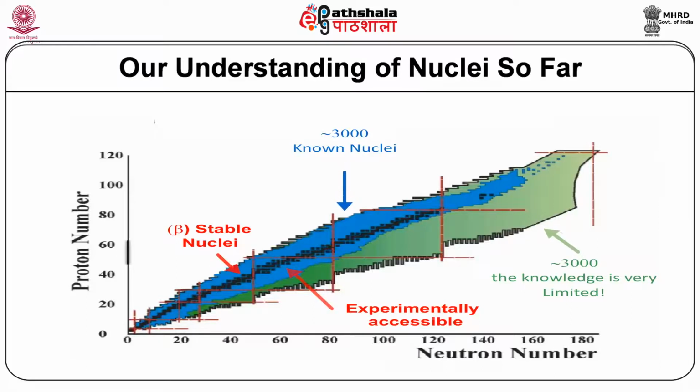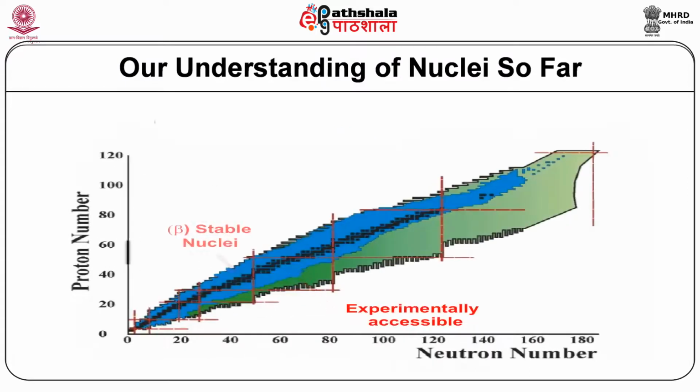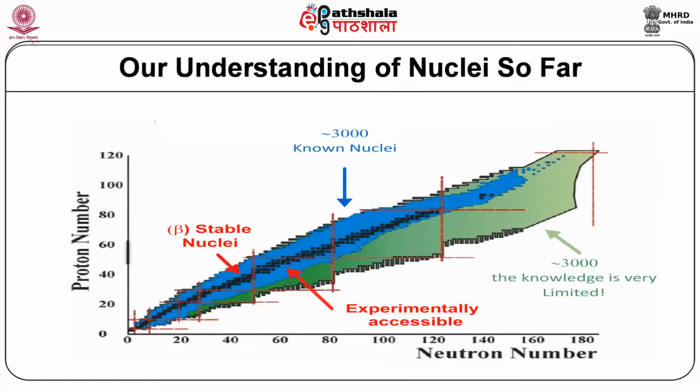So 3,000 is the known number of nuclei, and 6,000 is the total number predicted by various theories or models. Now when we plot these nuclei as proton number versus neutron number, we come across a chart which is called the Segre chart.